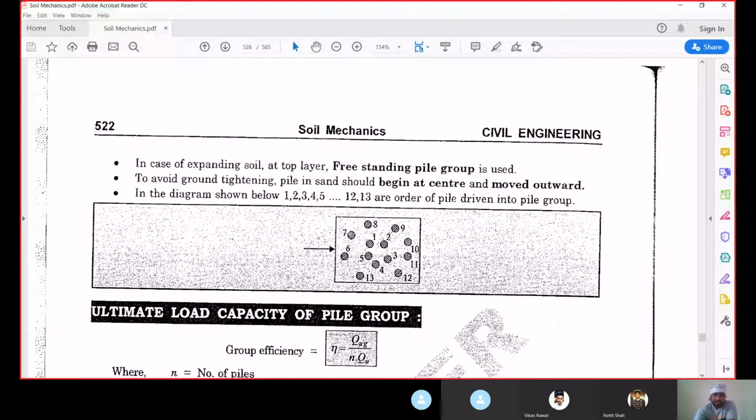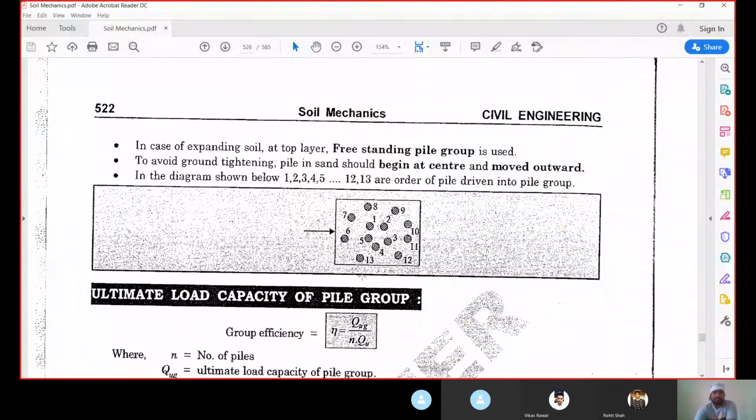Likewise you follow a clockwise pattern, like this, then like this, right?